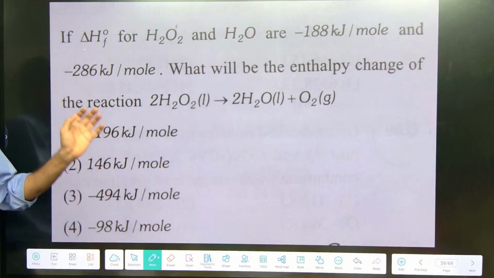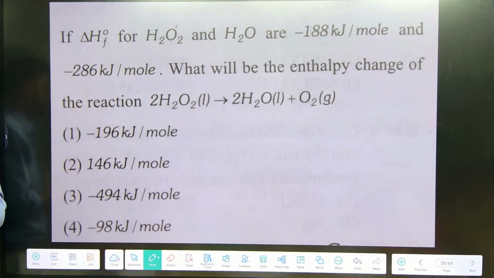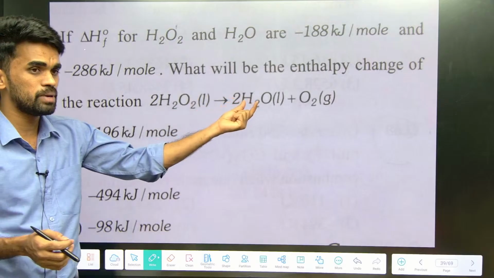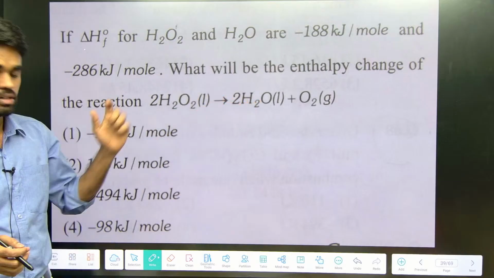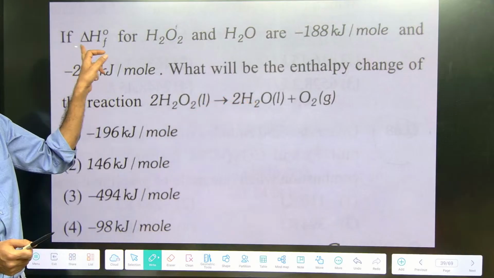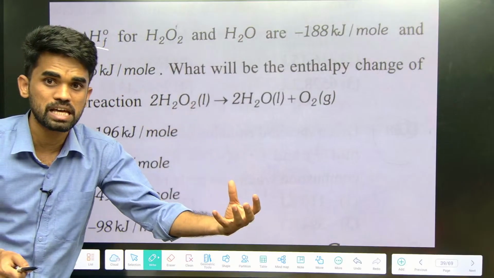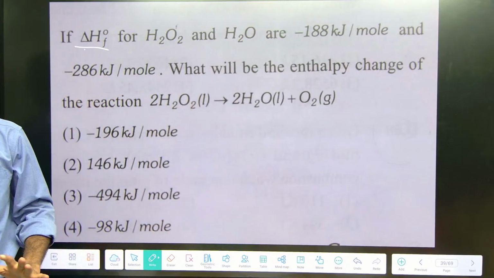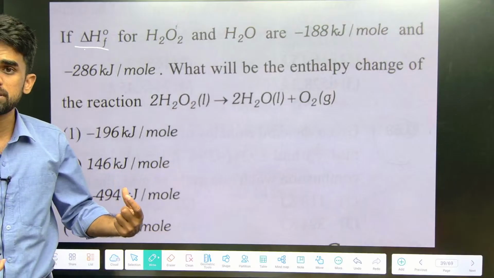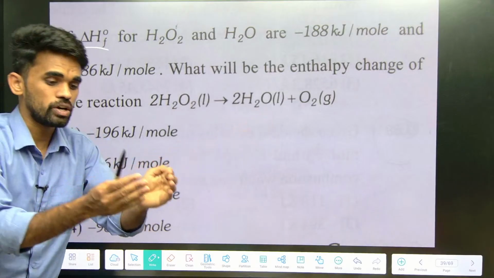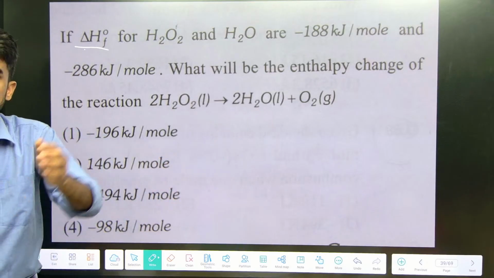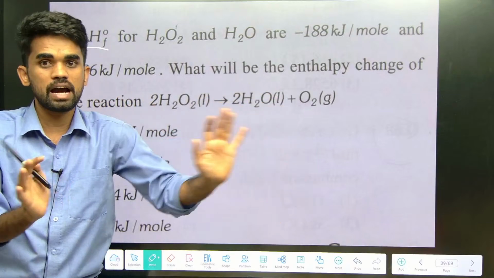Now what is forming, what is deforming here? H2O is forming and H2O2 is deforming. What is the data provided? Did they provide formation enthalpies or combustion enthalpies? So the products are forming, so enthalpy of formation of products minus enthalpy of formation of reactants should be taken.